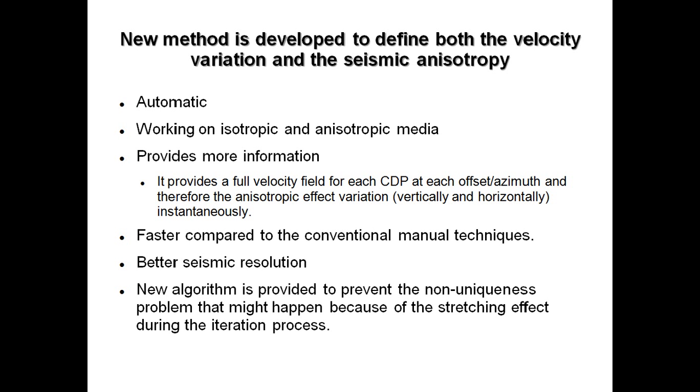The hardest part is how you can define what type of anisotropy you are facing, because sometimes you need to correct for three types of anisotropy at the same time. And this is quite a big assumption. If you assume that your data is TTI or HTI or VTI or orthorhombic media, it may be close to your case, but it is still an assumption.